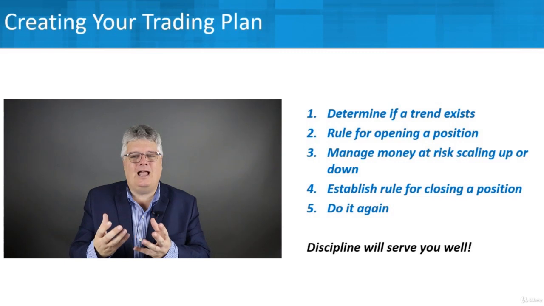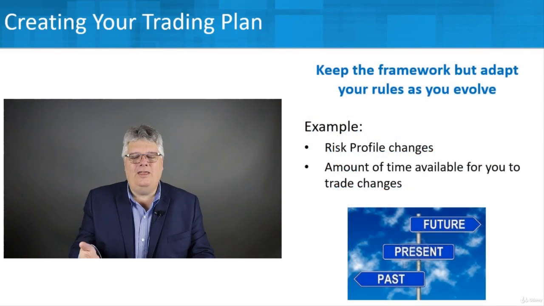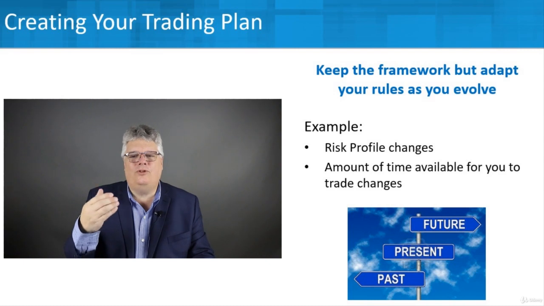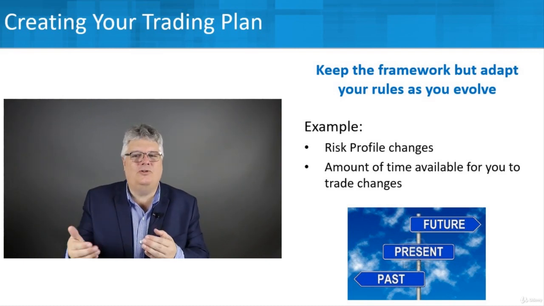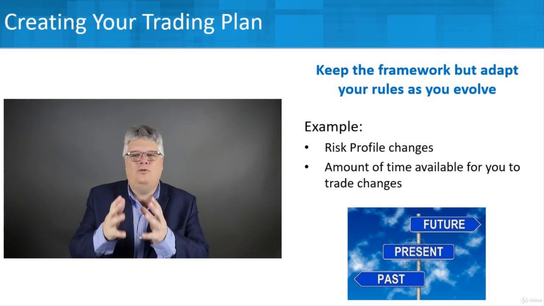So follow these guidelines, and then you can build on this framework as far as creating your own type of plan. And then that's kind of the last thought there: keep that framework, but adapt your rules as you evolve. Because you will evolve as a trader, especially if you're a little bit newer to this and you took the course because you're a little bit newer, maybe you're brand new to this, you will evolve.